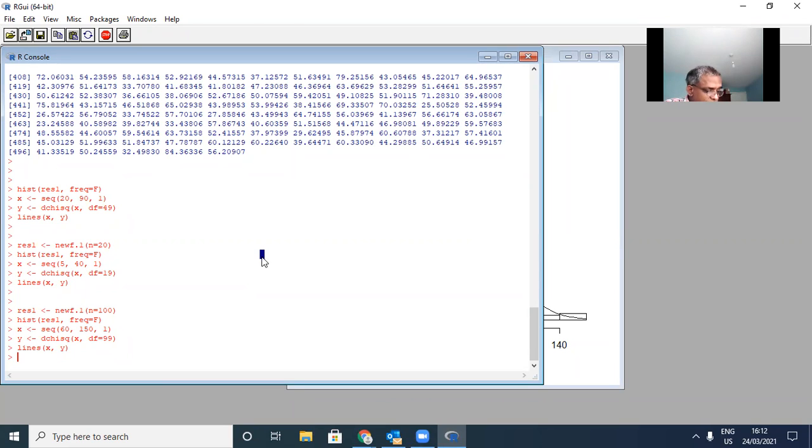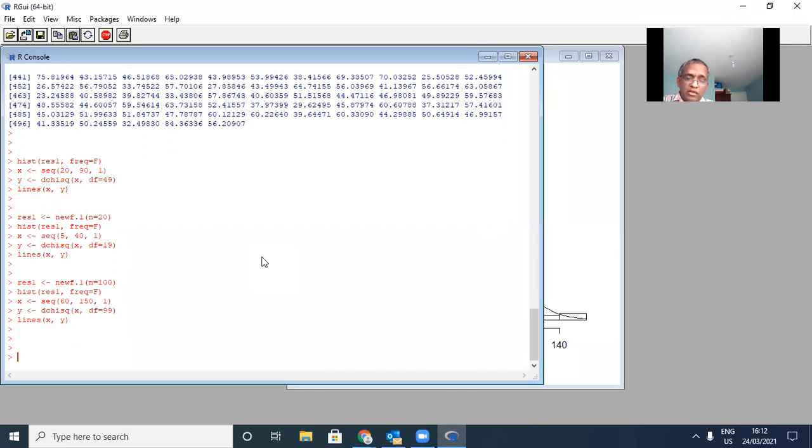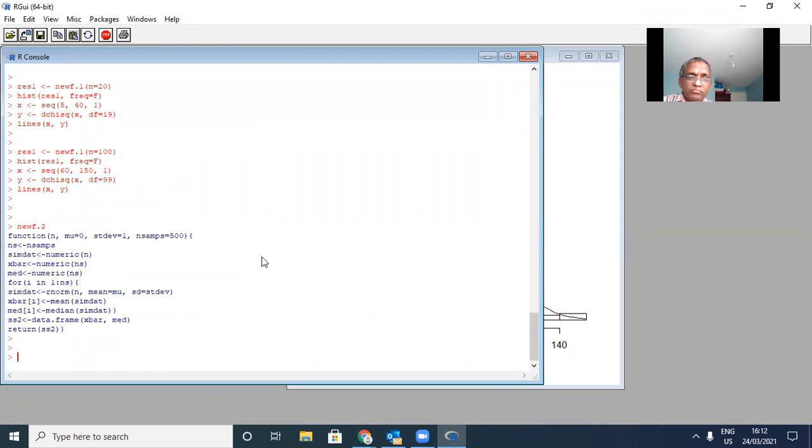All right, the next section of the tutorial sheet is about simulating the sampling distribution of the sample mean and the sample median. For that, I'm going to use this function called new f.to, which is this. Now, what this function does is the following. It computes the sample mean, right, for 500 samples, each of size n, simulated from a standard normal distribution.